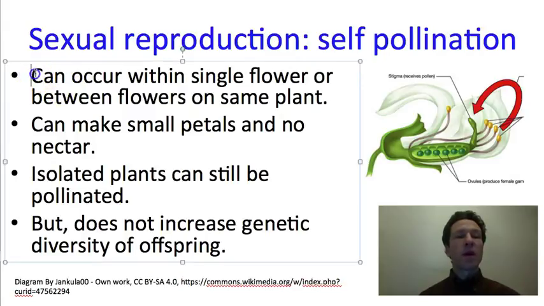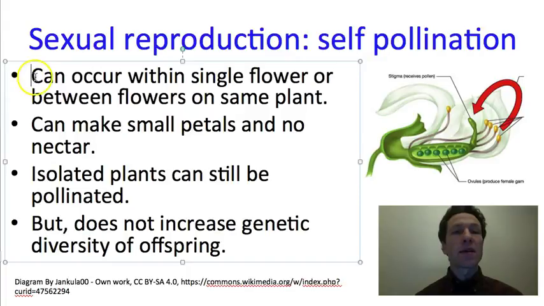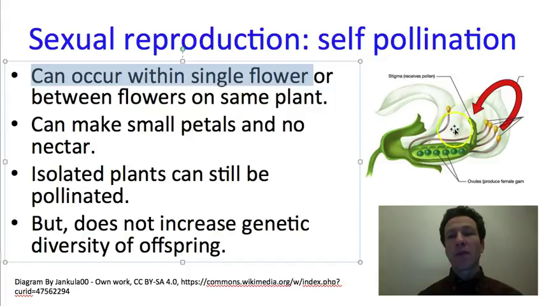The way this most typically happens is if pollen moves within a single flower. That's diagrammed here. We have pollen moving from the anthers to the stigma within the flower.